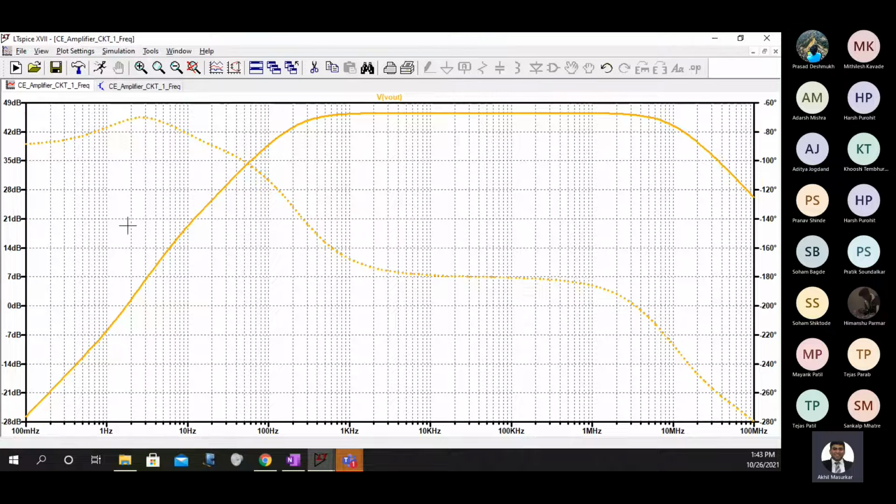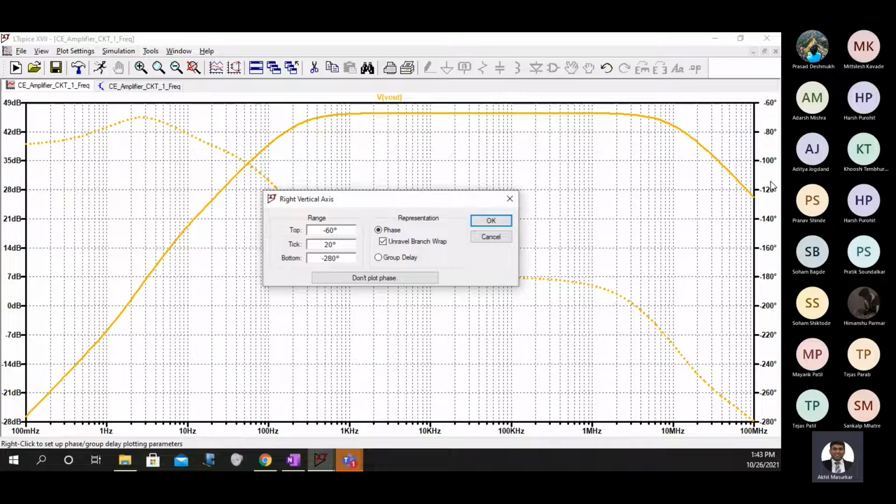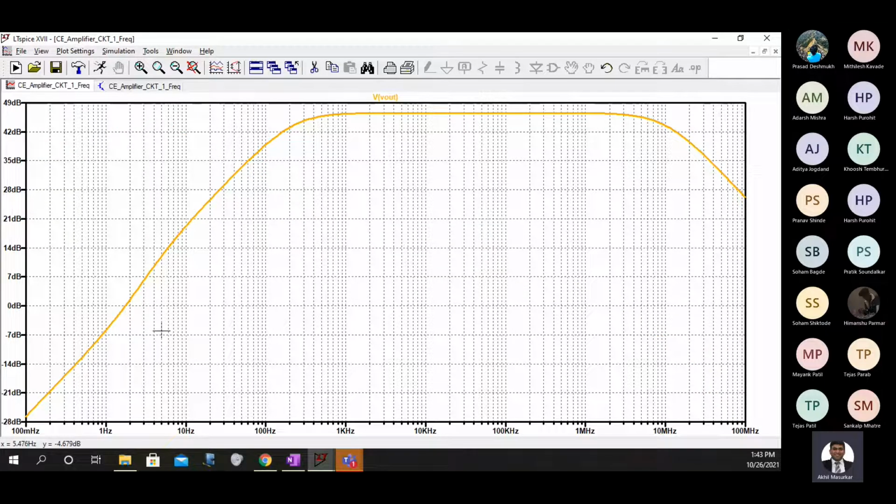I don't want to see this phase plot, so I'll remove that, don't plot phase.